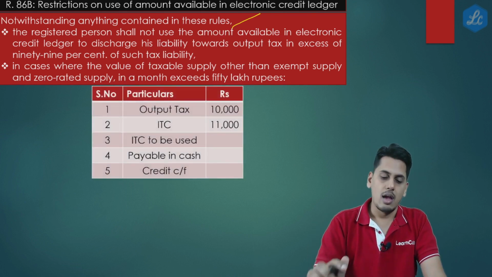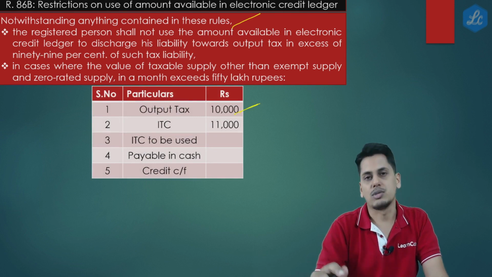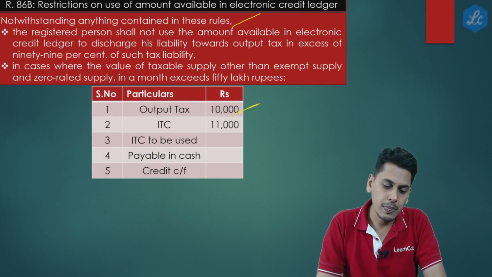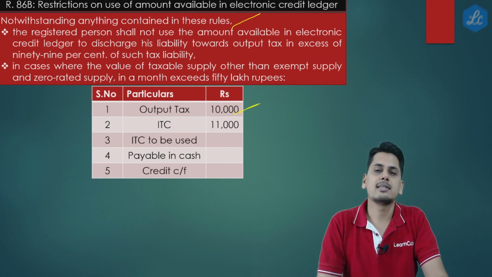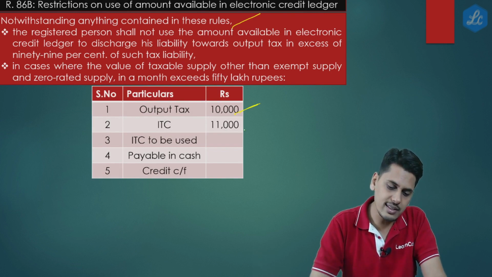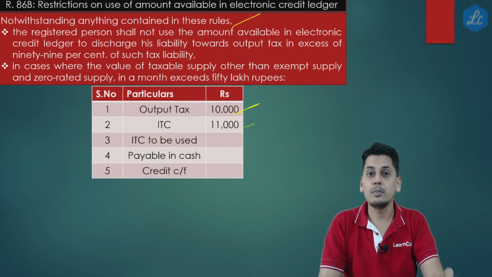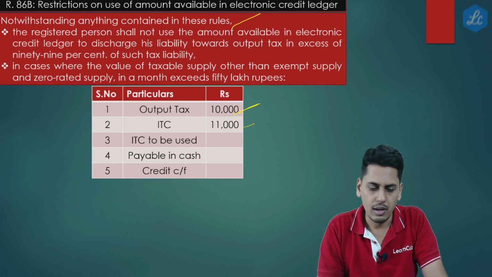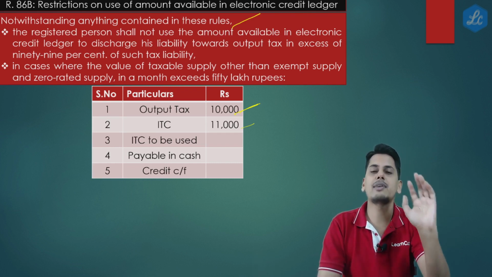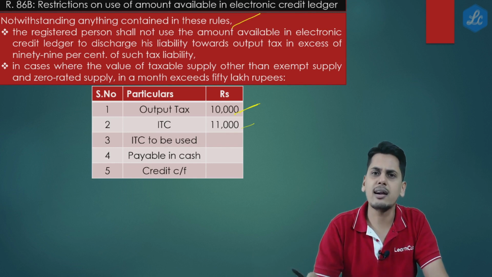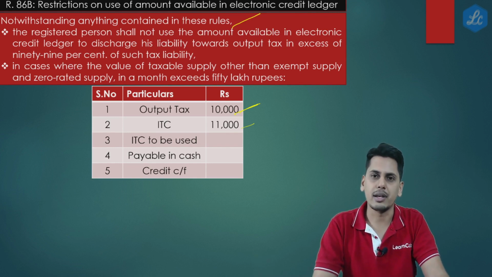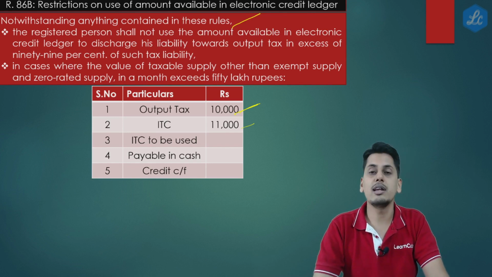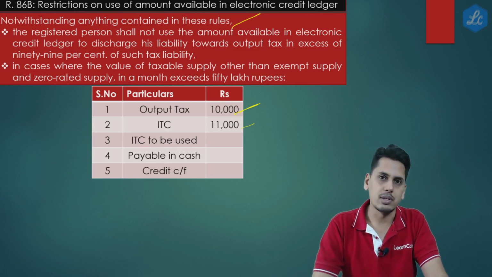Let's say output tax is 10,000, assuming it to be in crores. Input tax credit is 11,000. Let's assume the condition of value of taxable supply exceeding 50 lakh rupees is being satisfied. So now output tax is 10,000, input tax credit is 11,000.